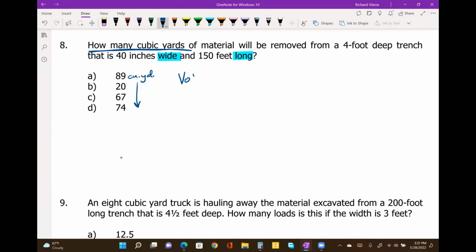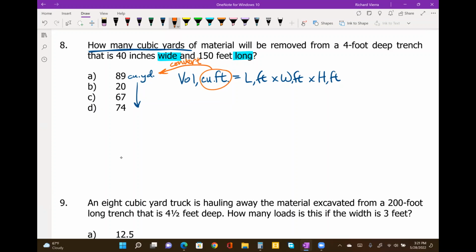So not a volume in gallons, but the volume in cubic feet is what we'll start with by multiplying the length in feet times the width of the trench in feet and times the height or depth of the trench that we're excavating in feet. And then once we have it in cubic feet, we're going to need to convert that into cubic yards. So we'll do that in the next step.